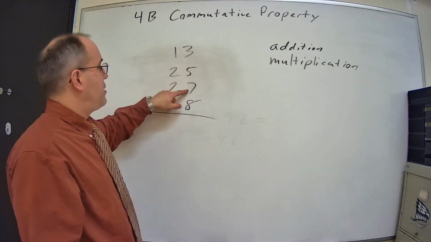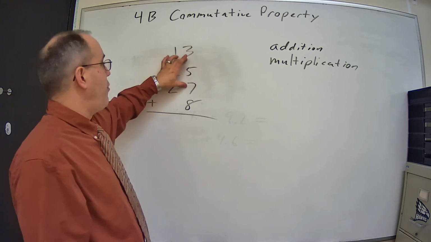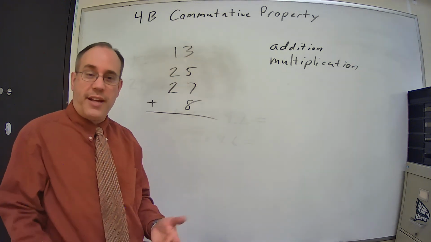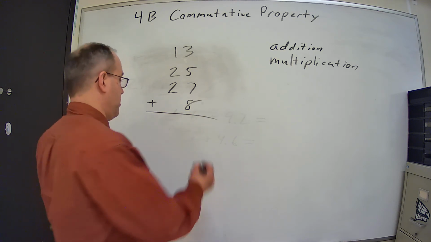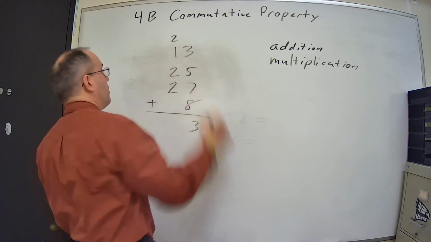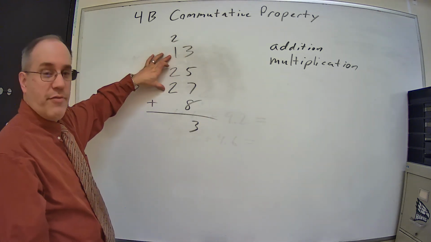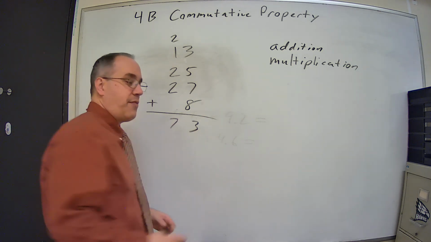Whereas 3 plus 7, I see that immediately, oh, that's 10. So I've already got 10, plus 5, 15, another number that I can work with easily, plus 8, 23. And then I may see, oh, 2 plus 2 plus 1, that's 5, plus 2 is 7, 73.